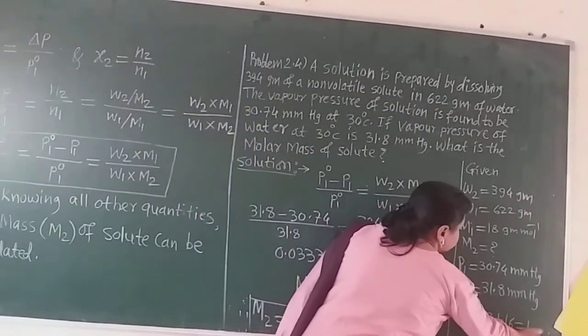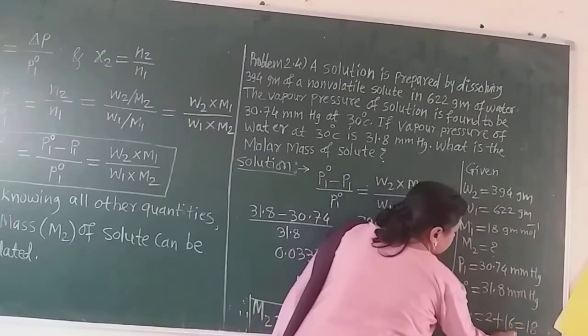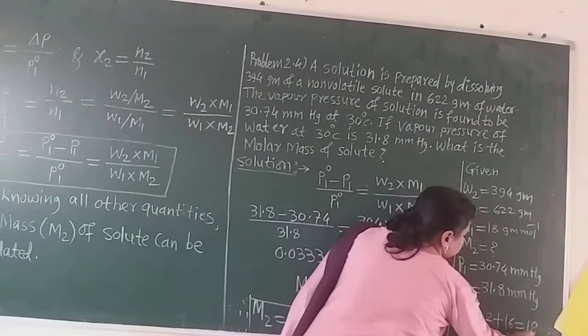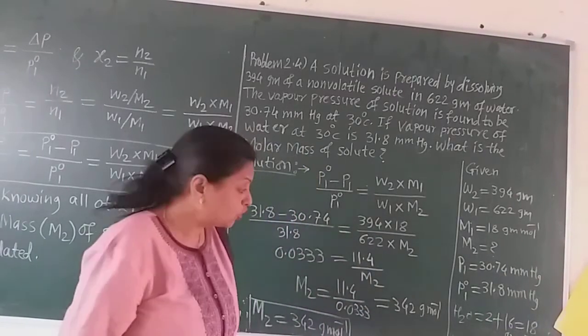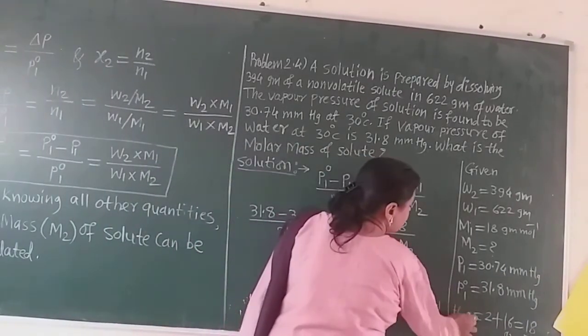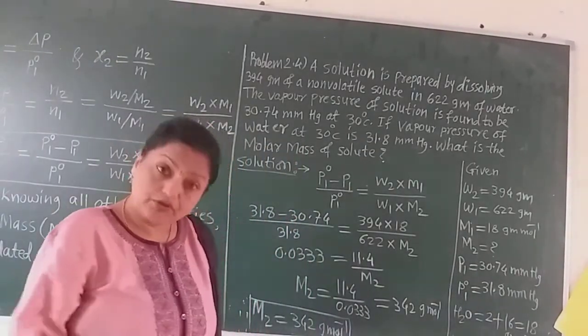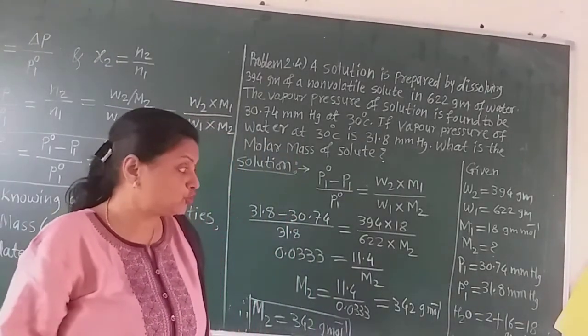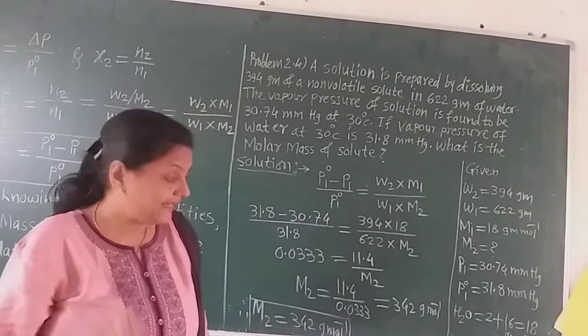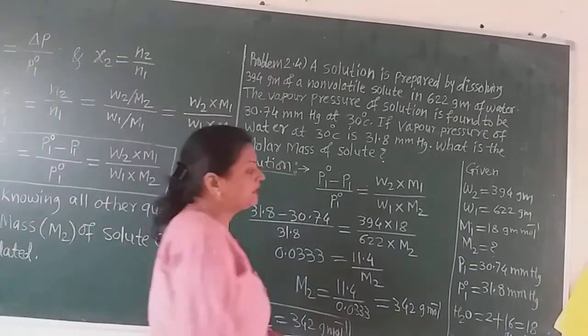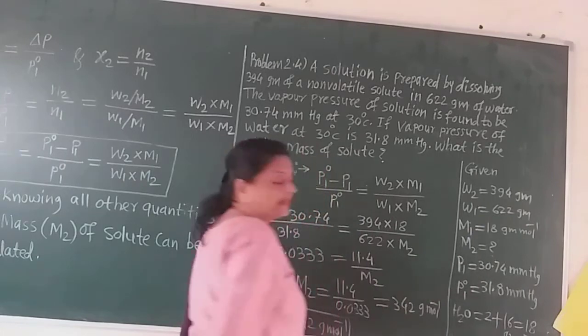So 2 plus 16 is equal to 18 gram per mole. Though the molar mass of the solvent water is not given, we calculate it as 18 gram per mole. So here M1 is equal to 18 gram per mole.